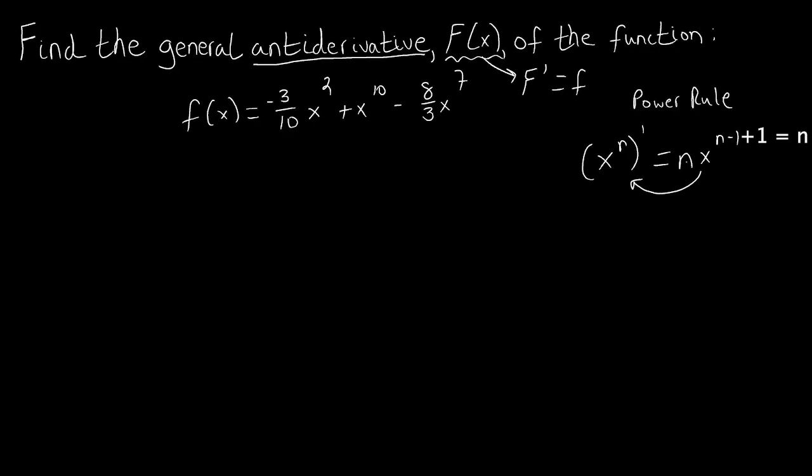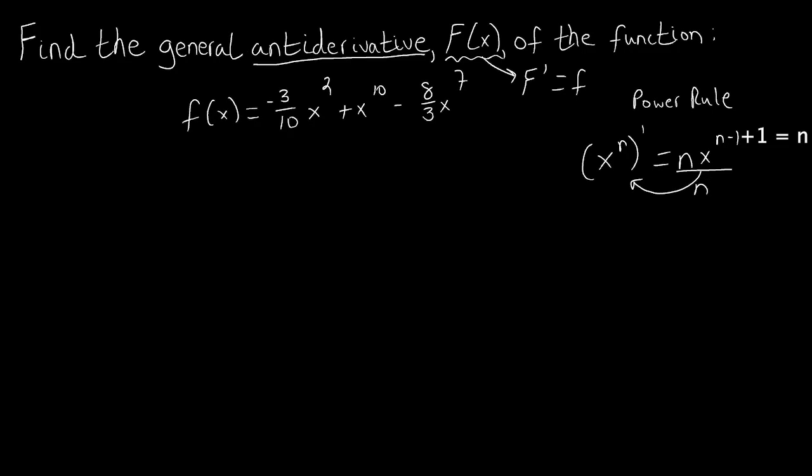But then in order to compensate for this coefficient, we need to divide by the new power that we have. So if we're trying to find the antiderivative of something like this, we increase the power by 1 and then divide the term by the new power.